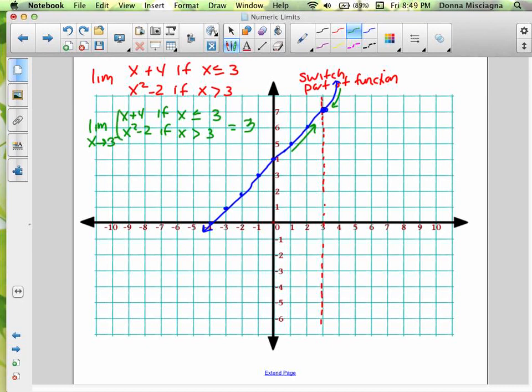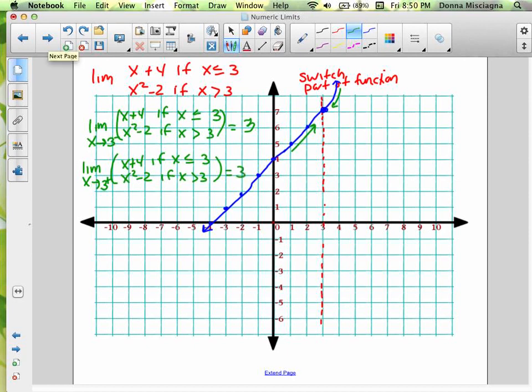I should put parentheses around this whole thing. And the limit, again, x plus 4 if x is less than or equal to 3, and x squared minus 2 if x is greater than 3, as x approaches 3 from the right-hand side is also 3.